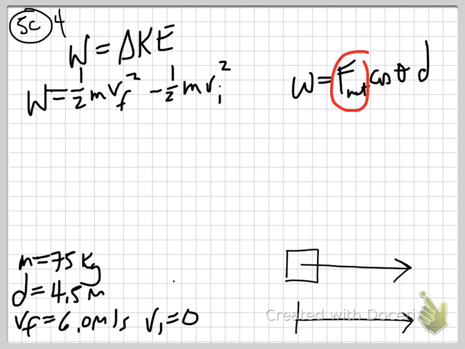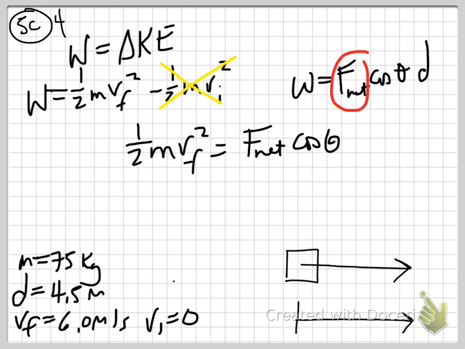Okay, so we know that because initial velocity was 0, that goes away. We know that 1/2 mvf squared equals net force cosine theta d. And it appears that the theta between the net force and the distance it's pushed would be 0, because we're told that they're pushing it and they get it going.